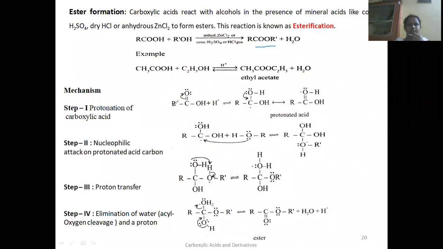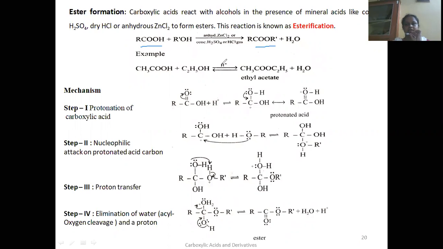The first step is you have to take this acid, and all these reagents are catalysts here. What is the job of a catalyst? It will speed up the reaction, or initiate the reaction without itself undergoing any change, and it has to be regenerated at the end of the reaction.